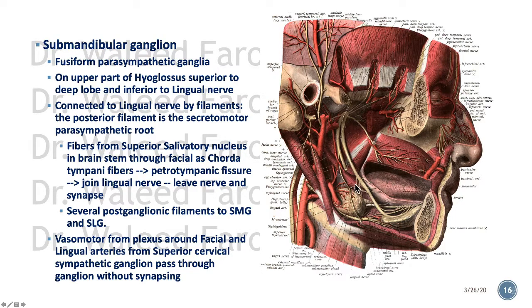So the most posterior filament is the chorda tympani fibers going to make a synapse, and postganglionic fibers arising as these filaments, going with the lingual nerve to their final destination. You see that? This is how the gland is supplied. So it's supplied originally by the facial nerve, chorda tympani branch. This is crucial information. Do not forget this.